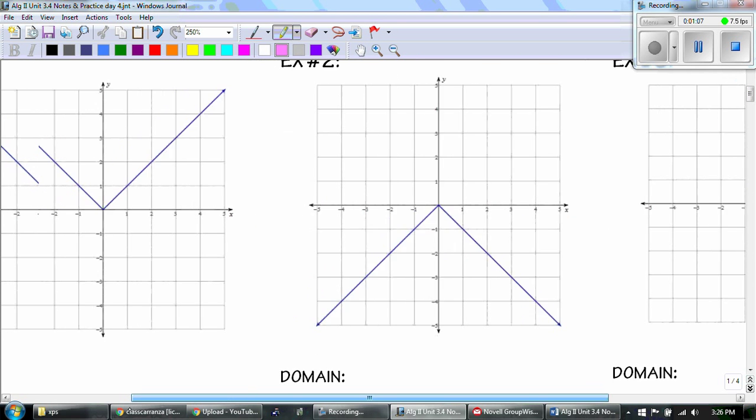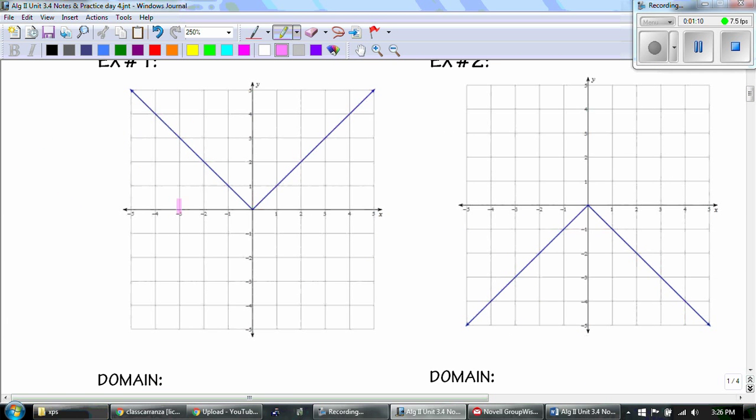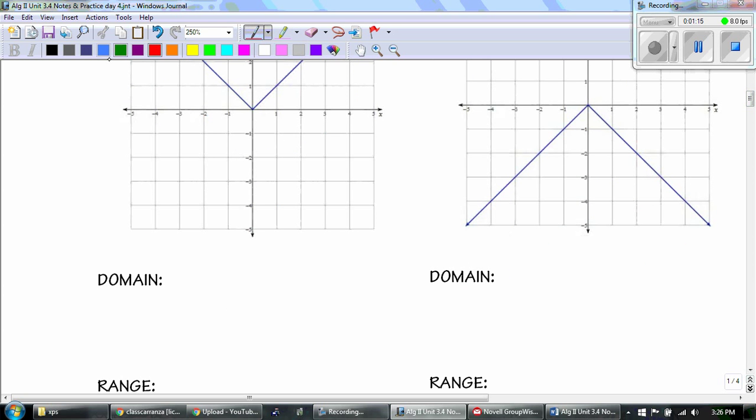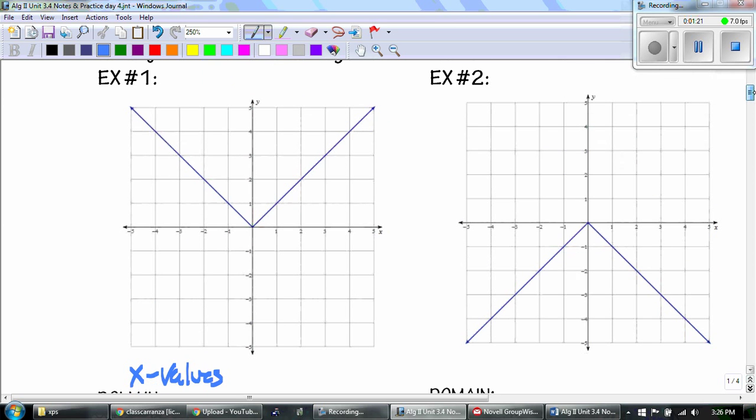So our domain. Remember that our domain is the x values. So how far left and how far right does our graph reach? And I know you might want to say, well, it stops at -5 and +5, Mr. Grice. Incorrect.